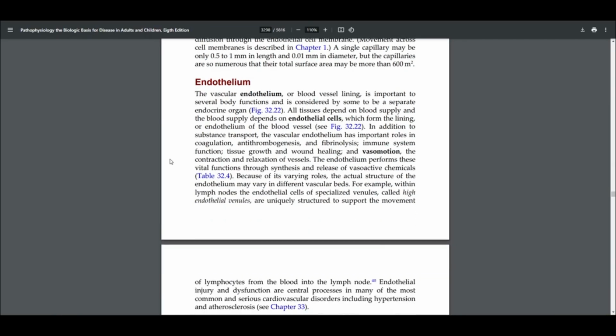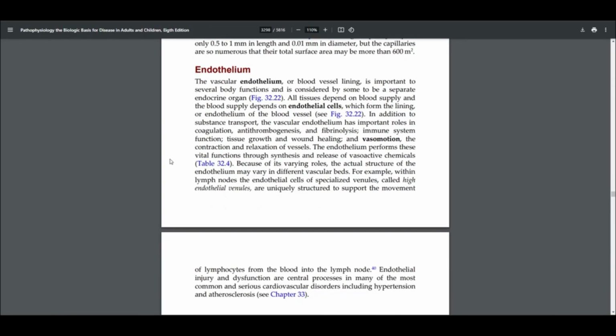The vascular endothelium, or blood vessel lining, is important to several body functions and is considered by some to be a separate endocrine organ. All tissue depends on the blood supply, and the blood supply depends on endothelial cells, which form the lining, or endothelium, of the blood vessels.